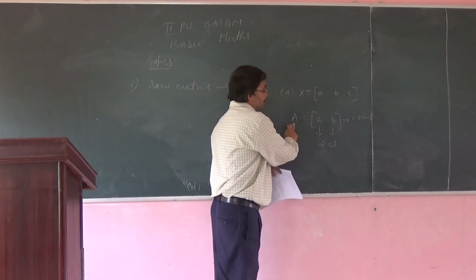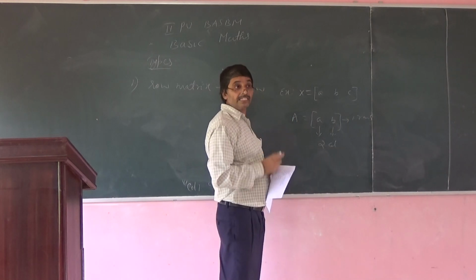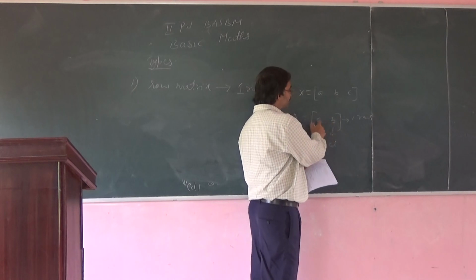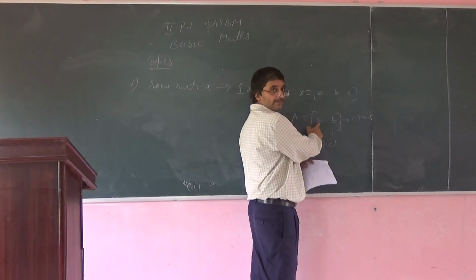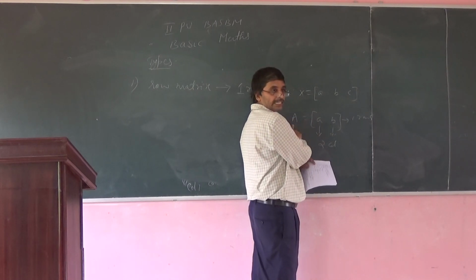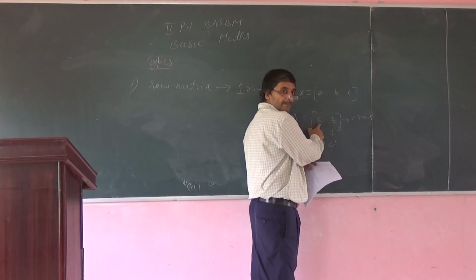So again observe that the letter I have written is A, which is capital. I have also used the letter a here, b here, but these letters, for example small a, is entirely different from this capital A. This A represents that it is a matrix. What does small a represent?